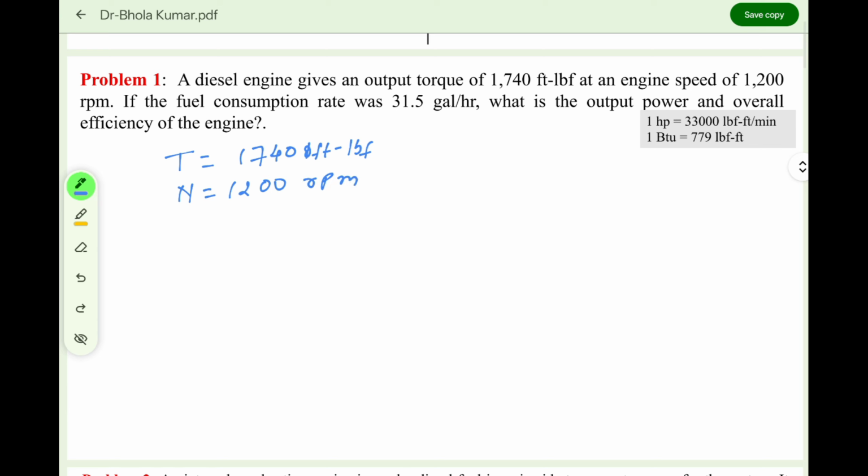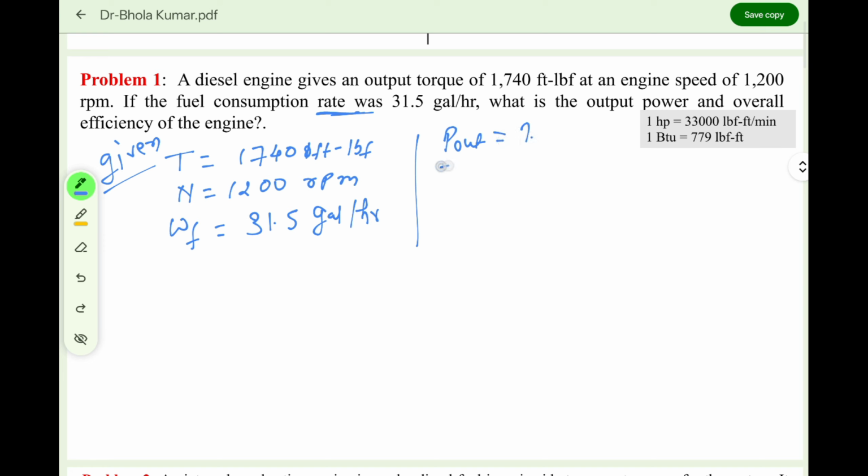The fuel consumption rate Wf is 31.5 gallon per hour. This is the given data, and this is what you need to calculate: the output power and the overall efficiency.